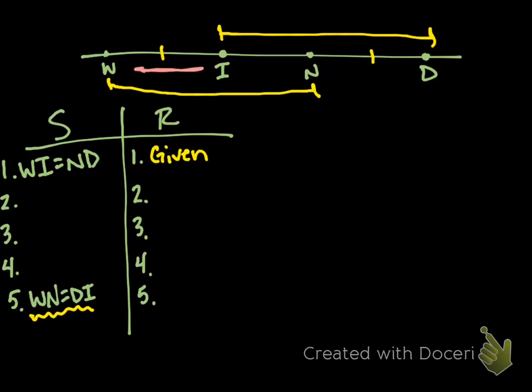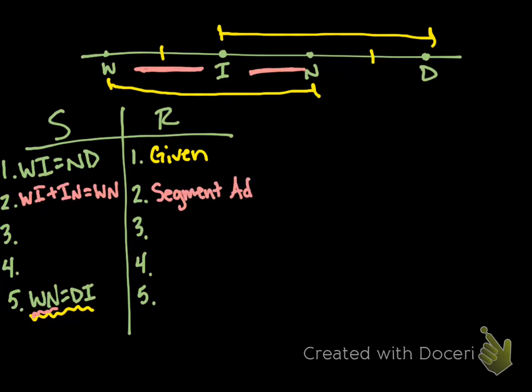Okay, the same as this guy here plus this guy. So in our proof, we can say WI plus IN equals WN. All right. So now we have the first part of our bottom here figured out, and we're going to do the exact same thing to get DI. All right. And our reason here is segment addition postulate.